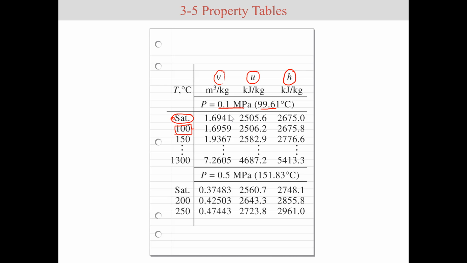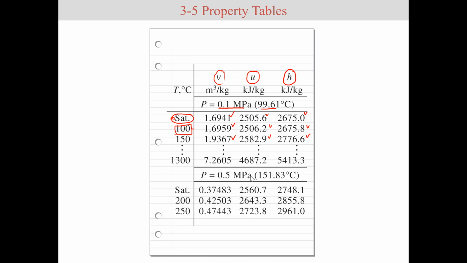Those are all the superheated vapor property values for a temperature of 100 degrees Celsius at a pressure of 0.1 megapascals. Here are the properties for water vapor at 0.1 megapascals and 150 degrees Celsius.